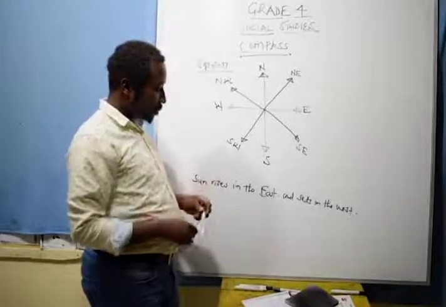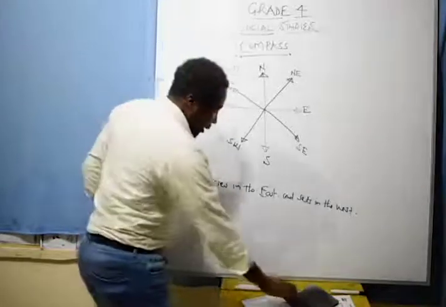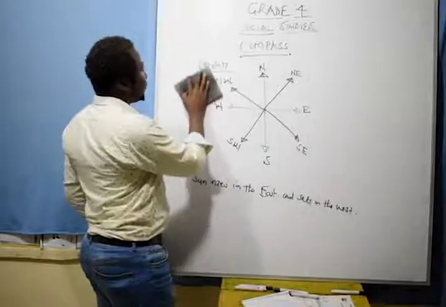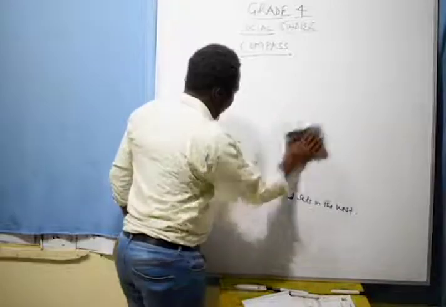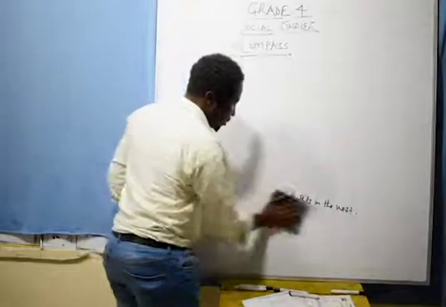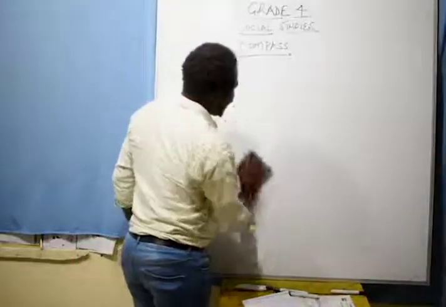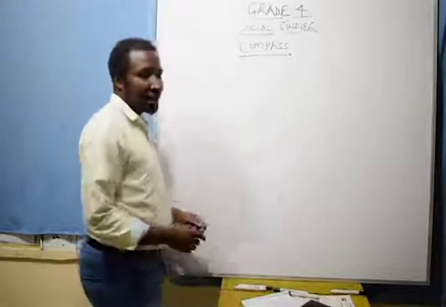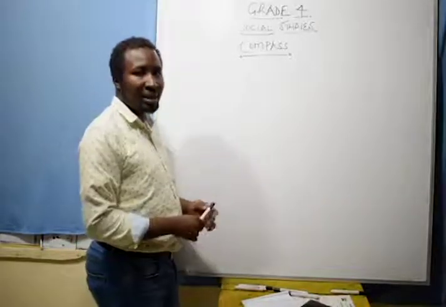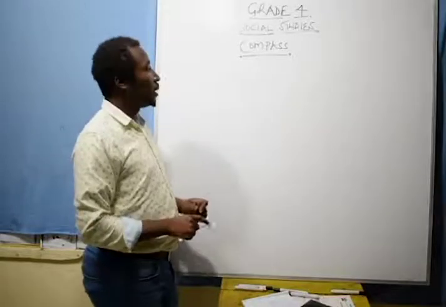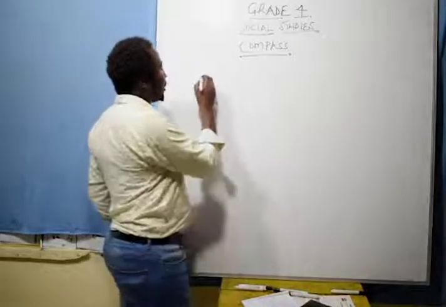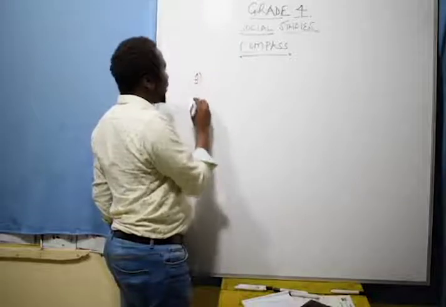Okay? Now, let us look at something here very quickly. As we understand all this, we have talked about how the sun rises in the east and sets in the west. It's very important. Now, very quickly, I'll give you one question to think about.